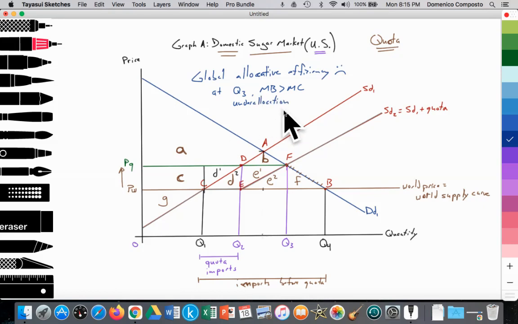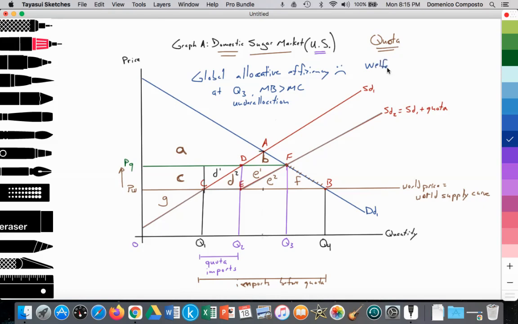If the quota was repealed, we'd see an increase in quantity demanded, and at point B, or at Q4, marginal benefit in the global economy would equal the marginal cost. But the quota restricts quantity demanded to Q3, and at Q3, in the global economy, marginal benefit is greater than marginal cost, so it is not allocatively efficient. So that means that there's a welfare loss.